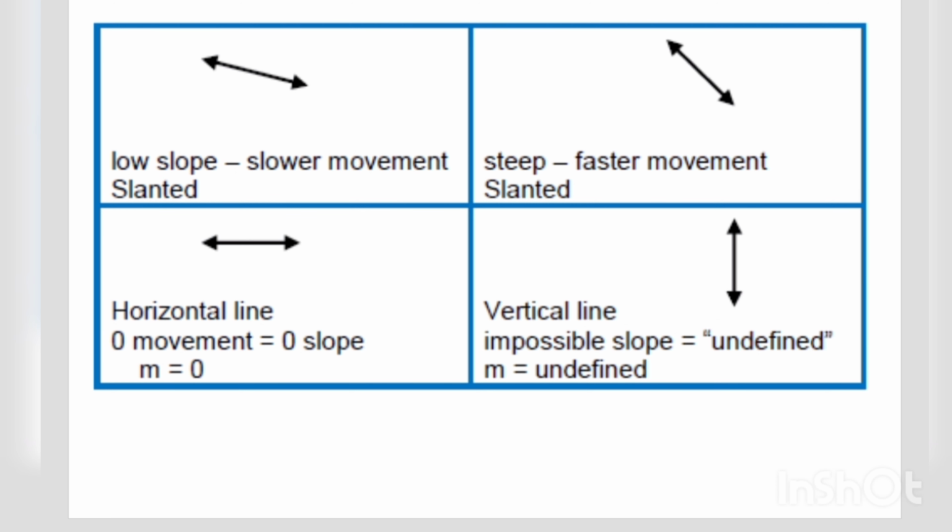Now you must be wondering why the vertical line has an undefined slope, but I'm going to explain that later on. For now, I want you to focus on the first two images where it shows two slanting lines, but the slope of the second line is steeper than that of the first one. And first of all, please note the fact that we are no longer comparing two lines, one of which is positively sloped and the other is negatively sloped.